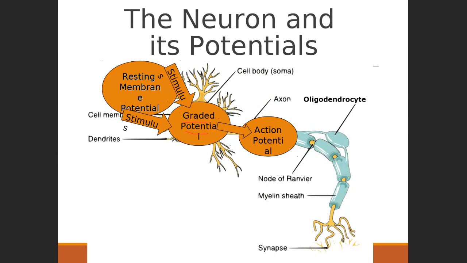If we can get that graded potential to change enough at the trigger zone to hit the threshold value for the voltage gated channels, then we will get an action potential formed in the axon that will then go down the axon and release the neurotransmitters from our synaptic end bulbs. We rely on the chemically gated channels in the cell body to bring about the change we need at the trigger zone in order to create our action potential.